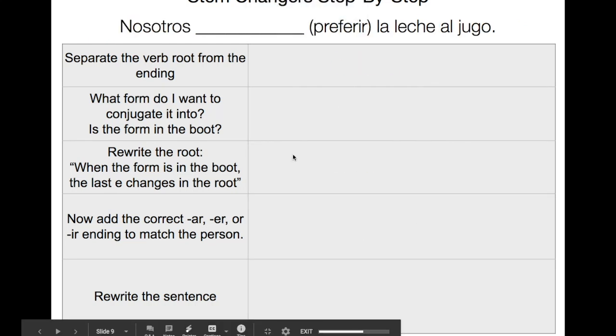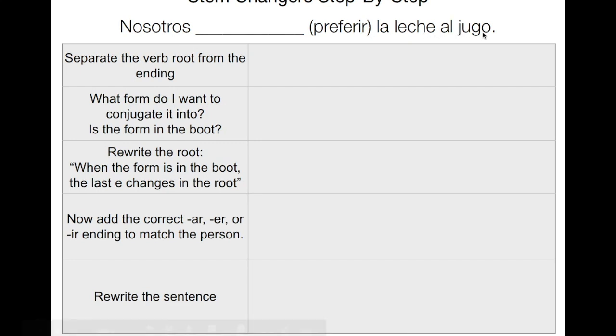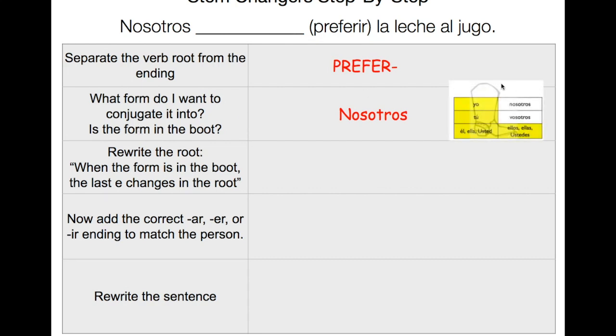So here's another example. Nosotros, the verb is preferir la leche al jugo. Separate the verb root from the ending. Yes, if you wrote prefer, that's the answer. What form do I want to conjugate it into? Look at the sentence, the form for nosotros. Now is the form in the boot? You can see the form of nosotros is not in the boot.